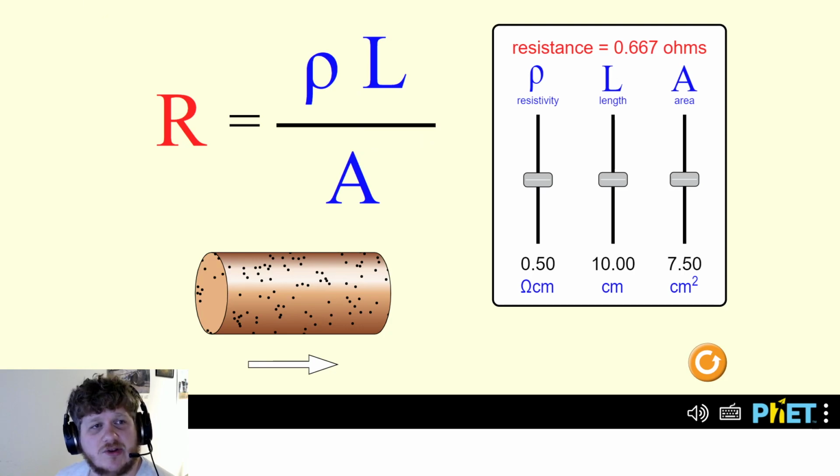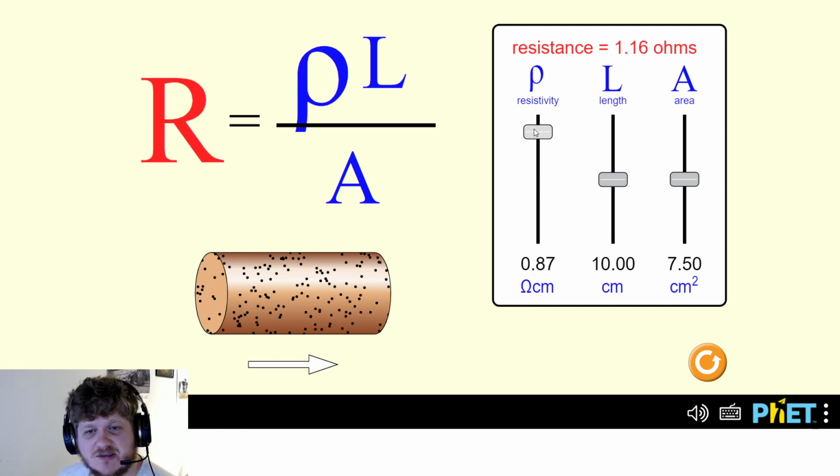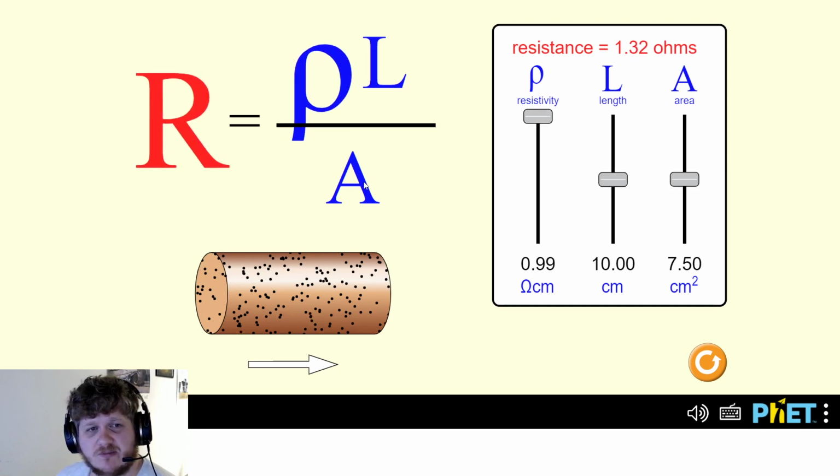And to go with that, what we'll do is we'll look at these two ideas. I have two little simulations where you can play around with various things like voltage, current, and resistance. And over here we have an example of a wire. If we want to increase the resistivity of our wire, there's a couple things we can do. One is to increase the resistivity of the material itself, like swapping out our copper for our nichrome.